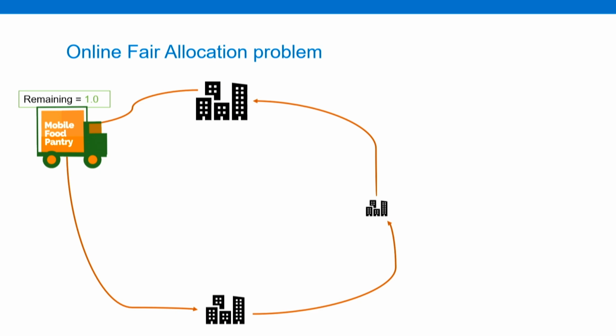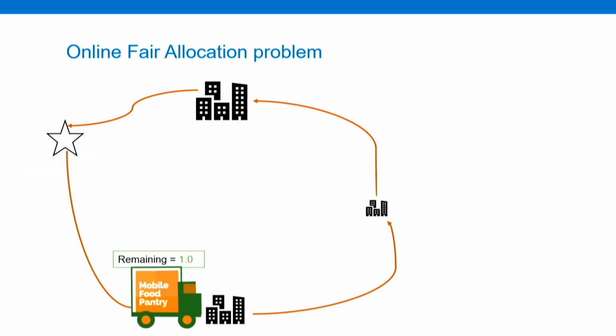So I'll illustrate an online fair allocation problem where I have this mobile food pantry. I start with 1 unit of food, and I'm driving around to cities. Let's say I drive to the first city. I see the demand is 0.7. I need to decide how much food to allocate to that city. I don't want to give up all my food yet, so let's say I only allocate 0.5.